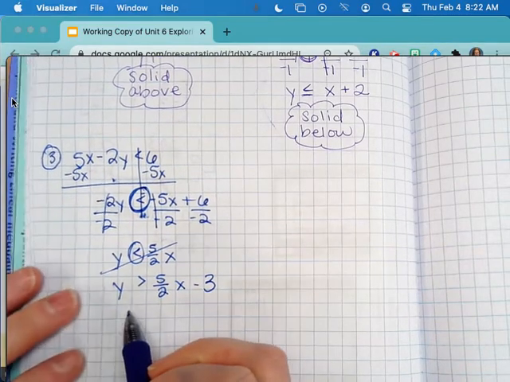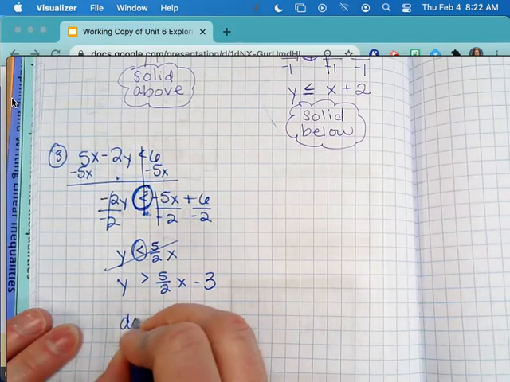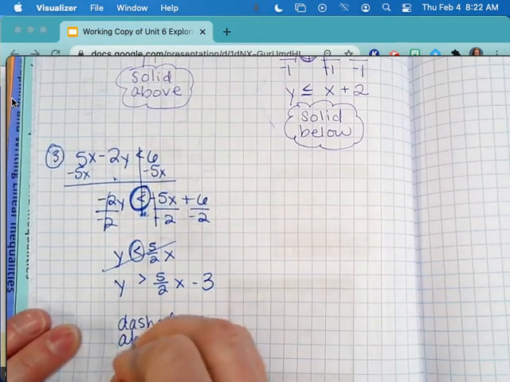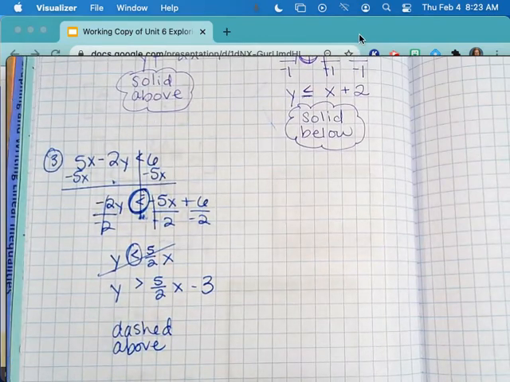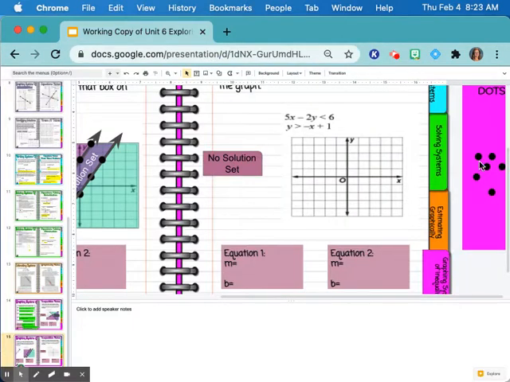Okay, so is this going to be dashed or solid? Dashed. And then how are we going to shade? Okay, so we need a point. Oh, we need to write our slope and our y-intercept.